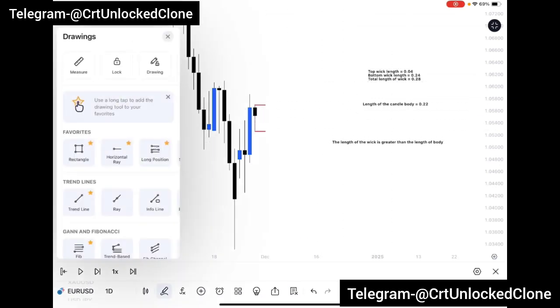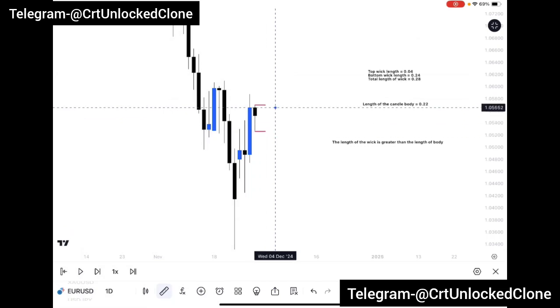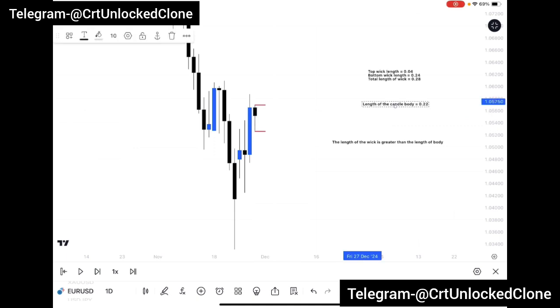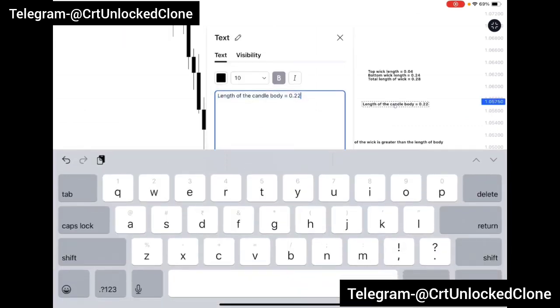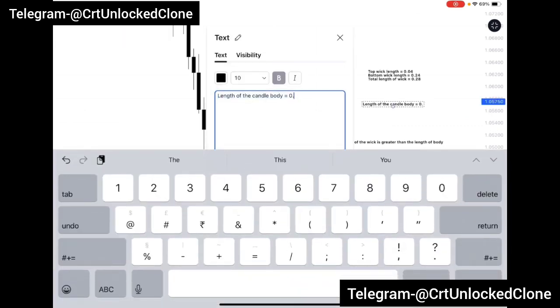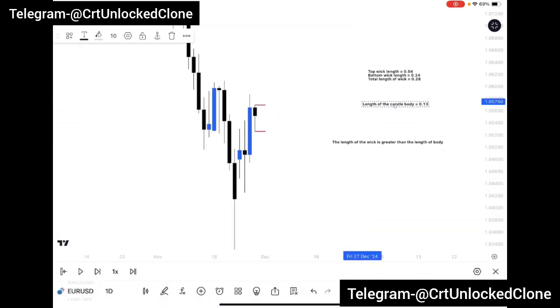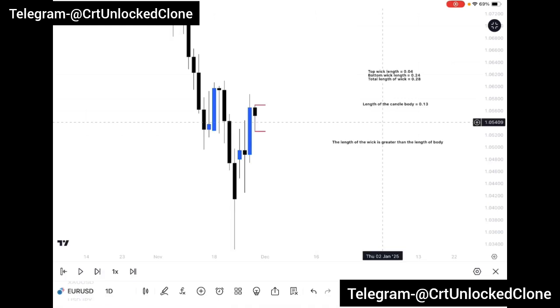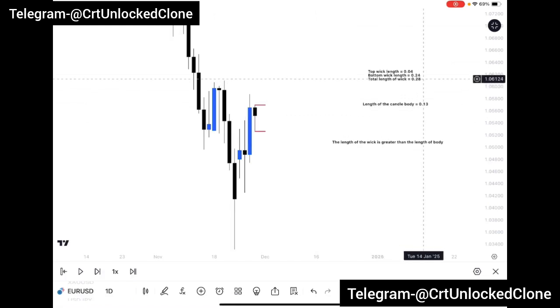Now let's check the length of the body of the same candle, it is 0.13. Here just write it. Length of the body is 0.13. So now we got our length of the wick is 0.28 and length of the candle body is 0.13.